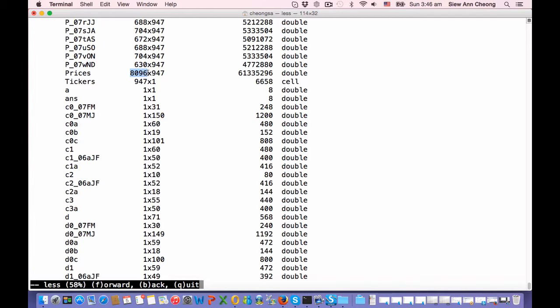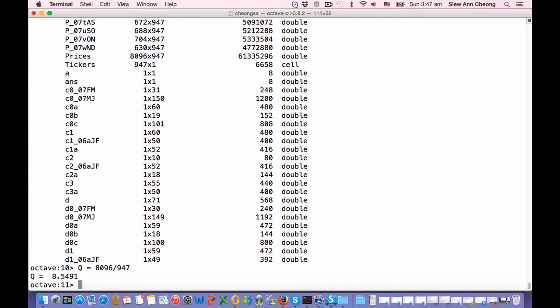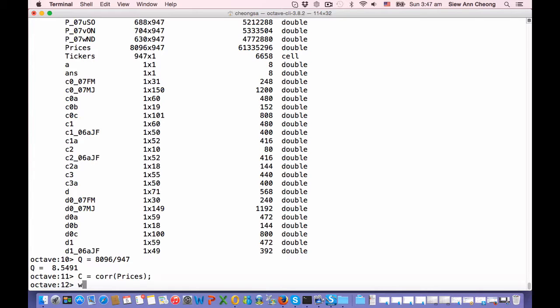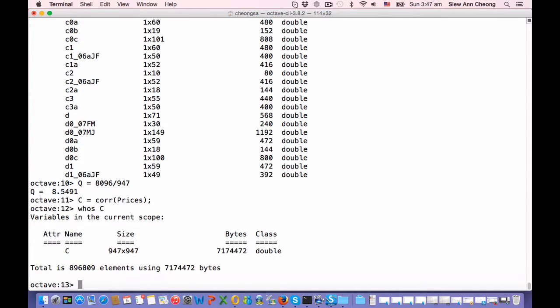So the Q, for this case, Q equals 8096 divided by 947, is about 8.5. Okay, so now let me first compute the correlation matrix over prices, and then check that it is 947 by 947.